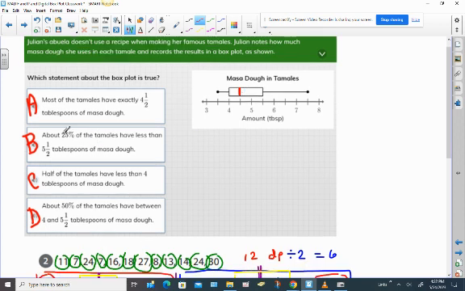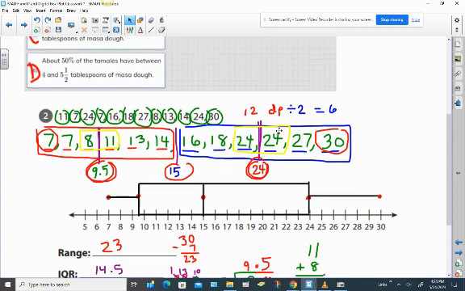B. About 25% of the tamales have less than 5.5 tablespoons of mesa dough. Let's find where the 5.5 is. So that would be here. And let's ask ourselves what's true about these box plots. In class, we talked about how we can break up our chunks of data into quarters.